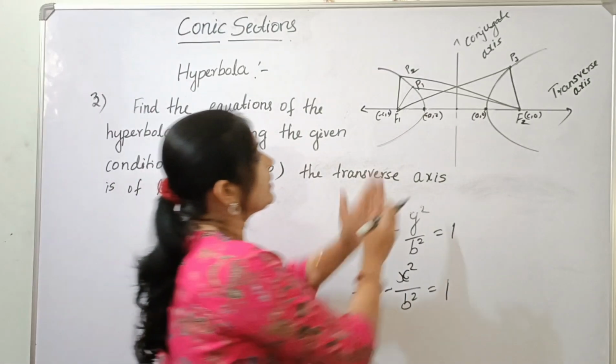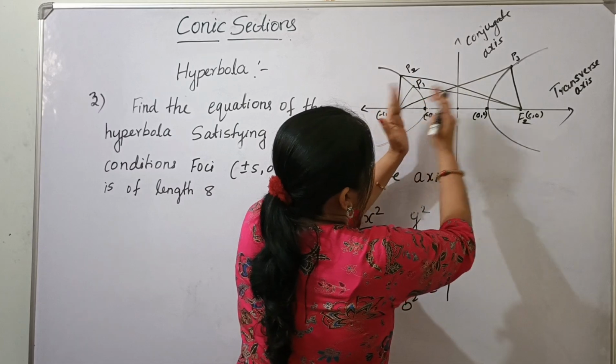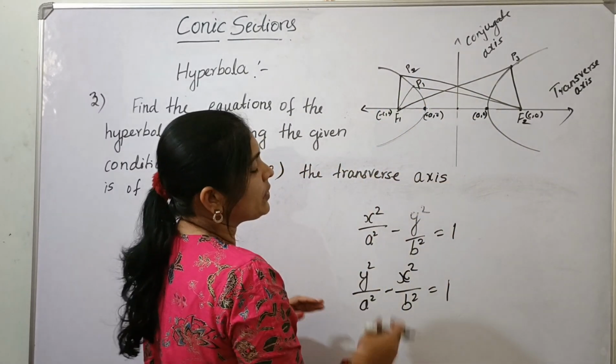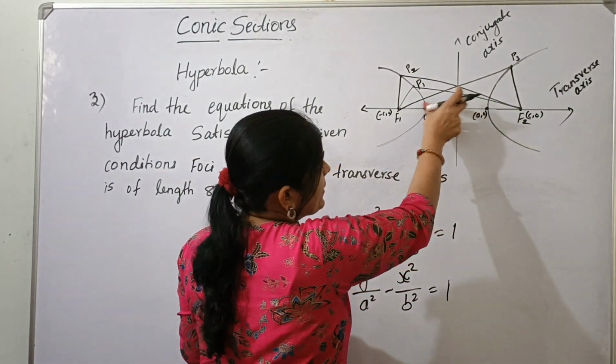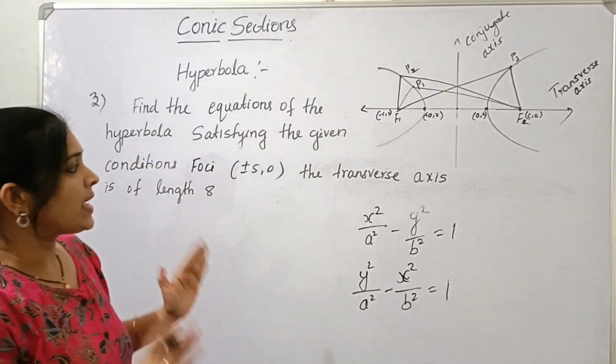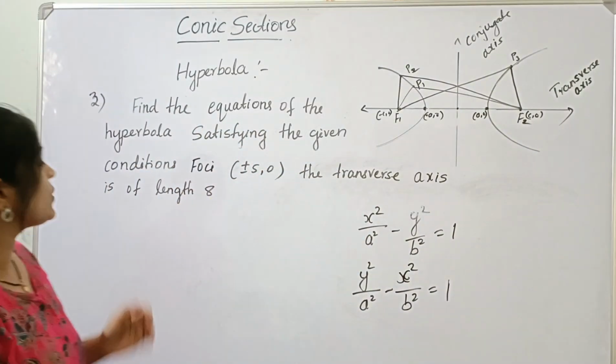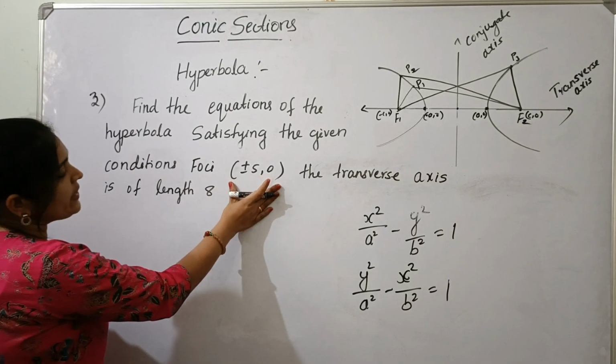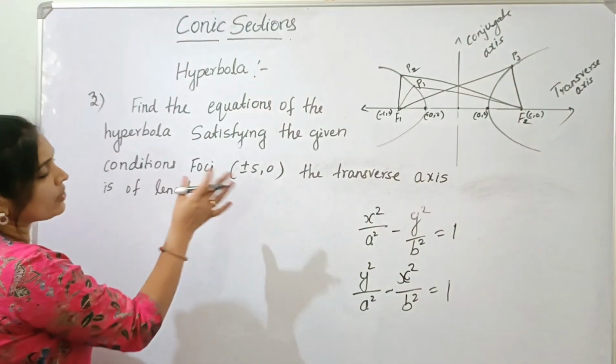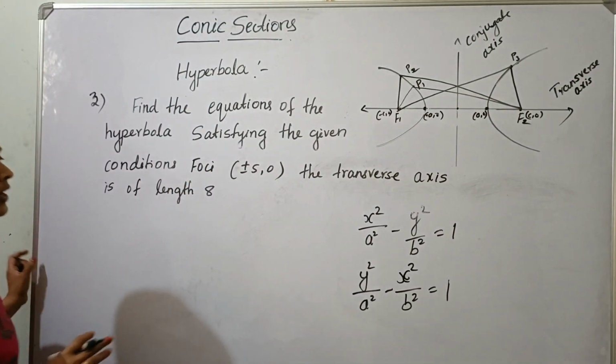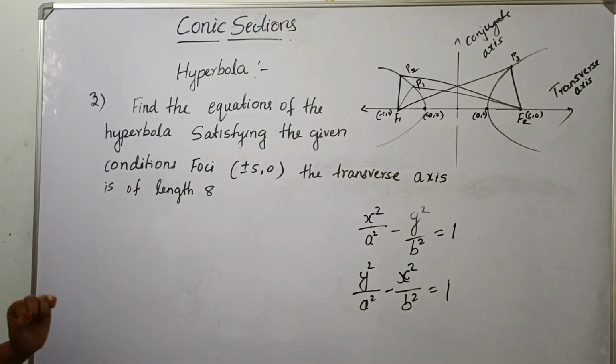From vertex to vertex, that means a plus a, 2a. So the length of the transverse axis is 2a, that is equal to 8. It is given that the coordinates of the foci are plus or minus 5, 0.